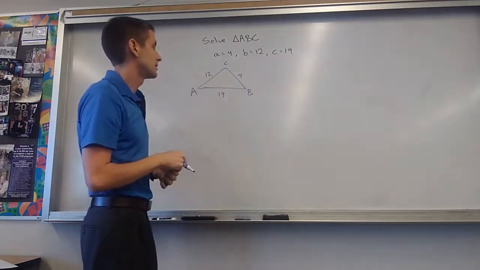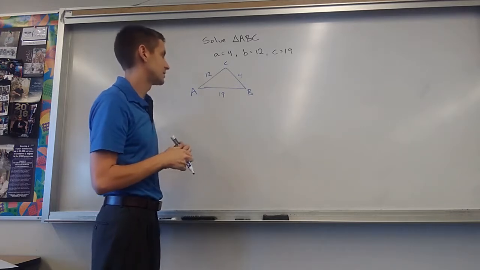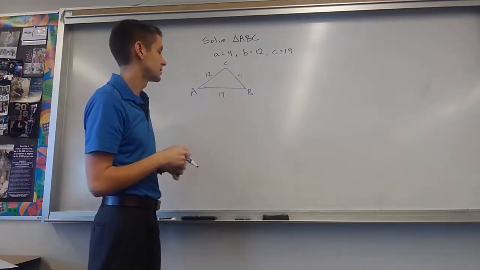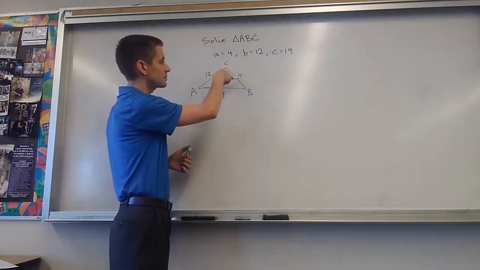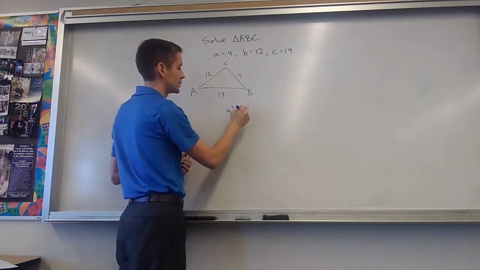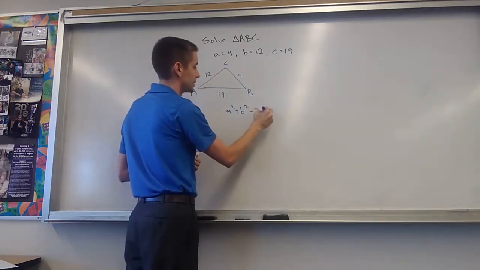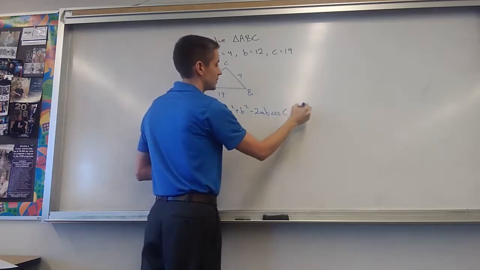And like we've done in other examples, I can start to try to figure out what this looks like in terms of the law of cosines. I'm going to start by finding angle C. Using the law of cosines, again, that's a squared plus b squared minus 2 times a times b times the cosine of C is equal to c squared.